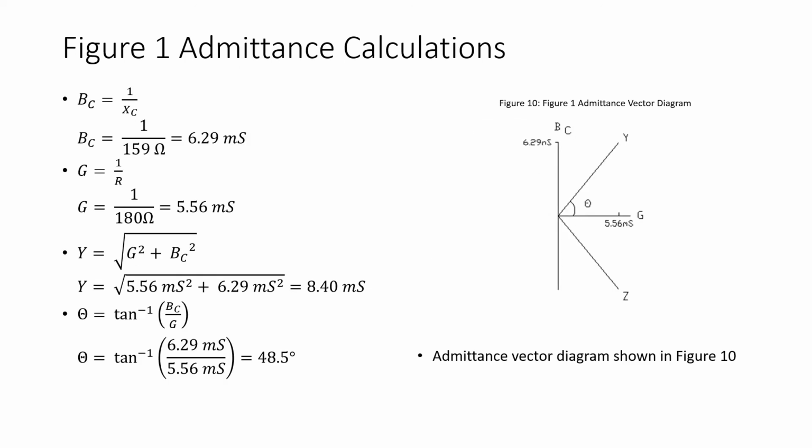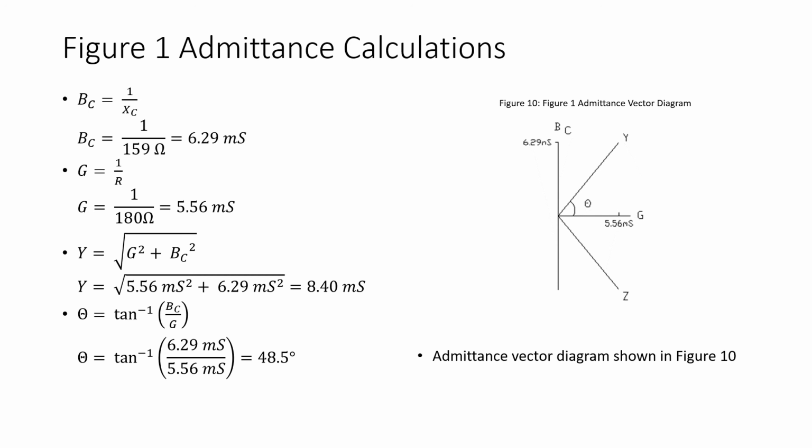And we see here the equations to find the admittance of the circuit, where again B sub C equals 1 over X sub C, which is 6.29 millisiemens. Conductance is 1 over R, which is 5.56 millisiemens.